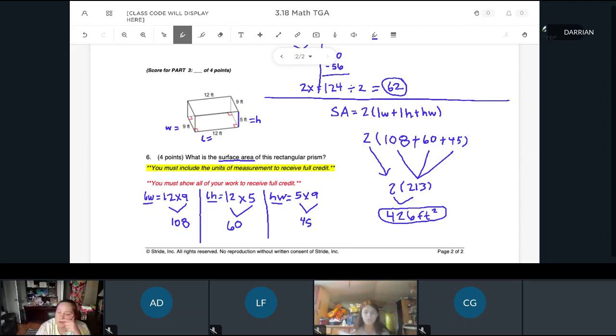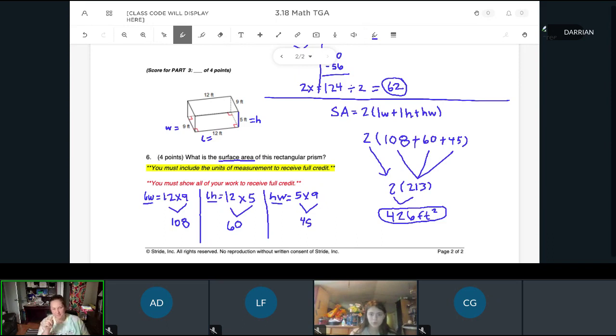No. Oh, the L looks like a C? A little bit, yes.